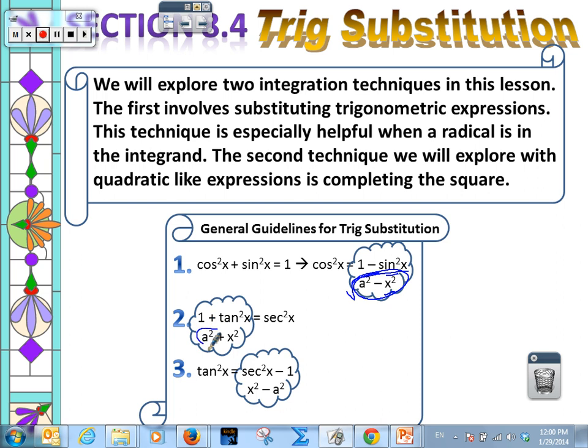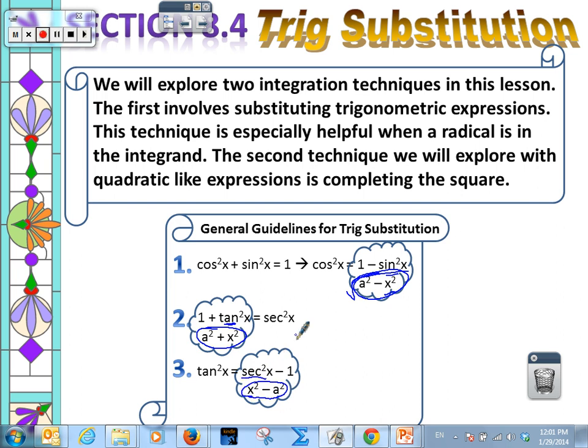If you have an a squared plus x squared set up in your integral, then you would want to make x tangent, because 1 plus tangent squared is secant squared. We would replace that with secant squared x. And the last option is if you have an x squared minus a squared, then you would make x secant.